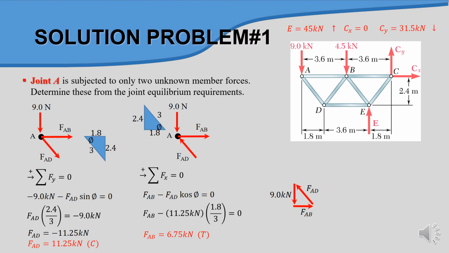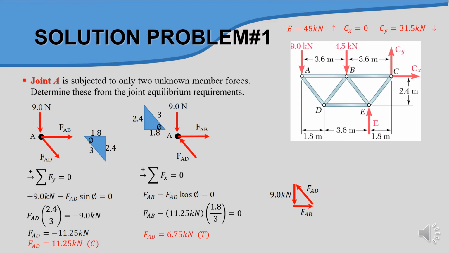So at point A we have three forces acting on point A. One comes from the external load, with a value of 9.0 kilonewton. In order to solve this problem, we need to assume that all members are in tension.